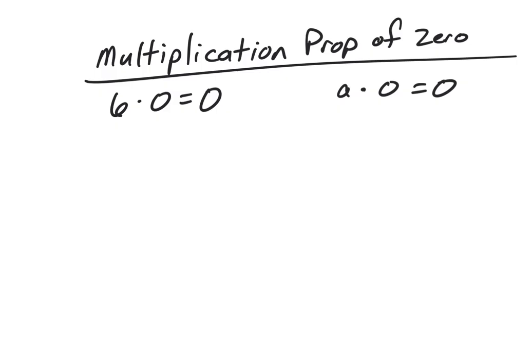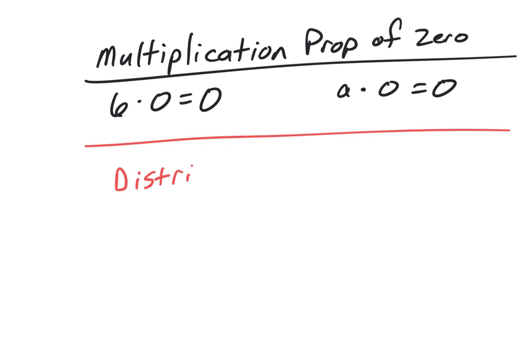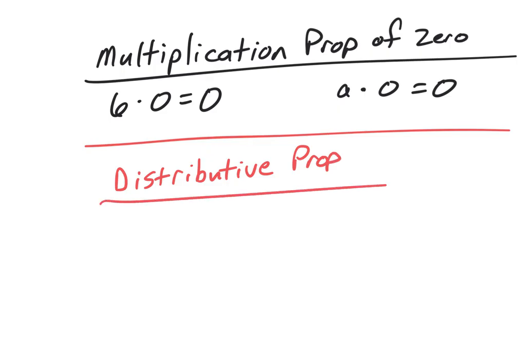And then the last one, these two are just kind of standalone properties. This is one you probably are the most familiar with, or at least have heard, because even going back to Algebra 1 and Algebra 2, we use the distributive property all the time.